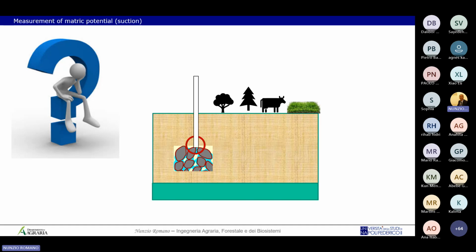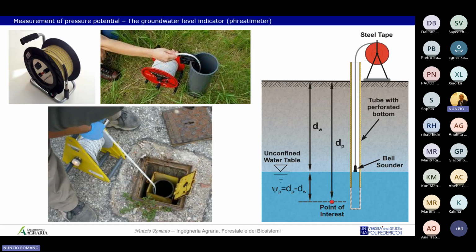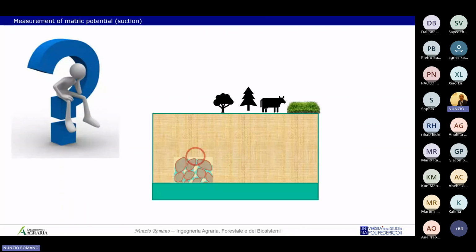Like we have done here, we can excavate and then insert a tube, not a capillary tube, of course, a piezometer. We can put a piezometer into the soil until we reach the unsaturated zone.